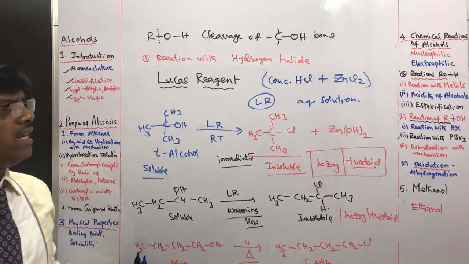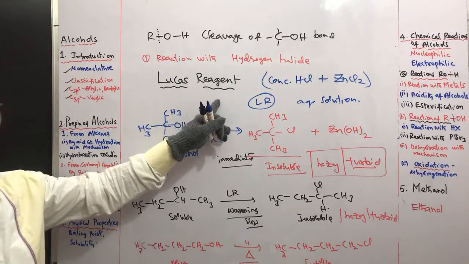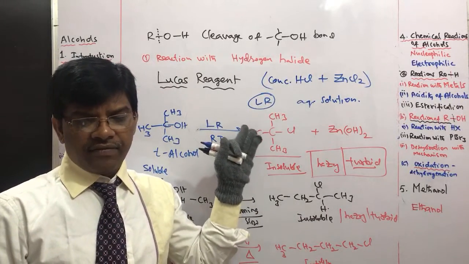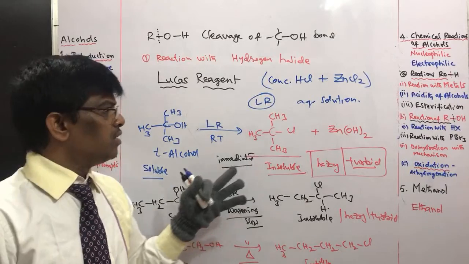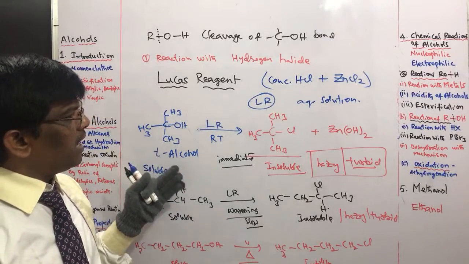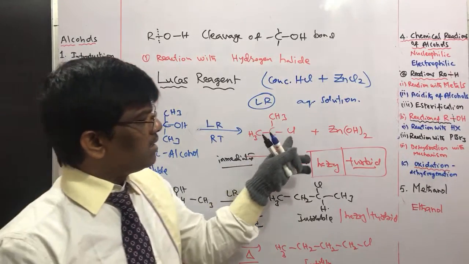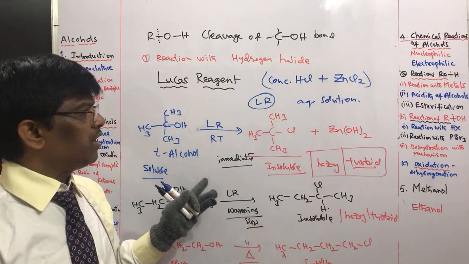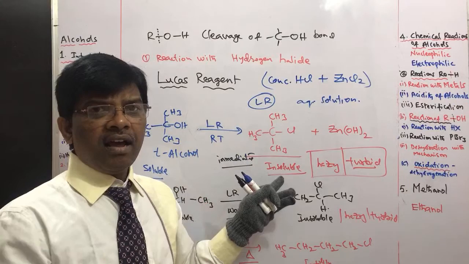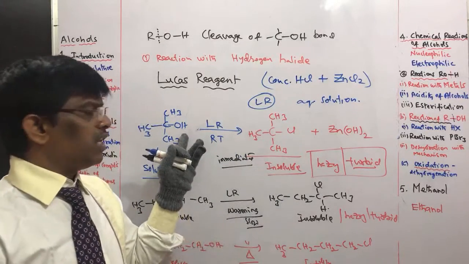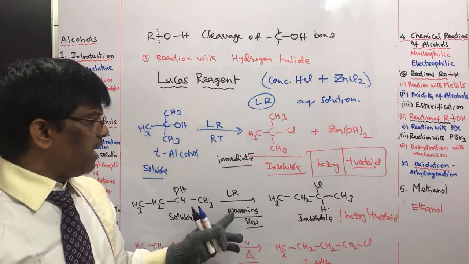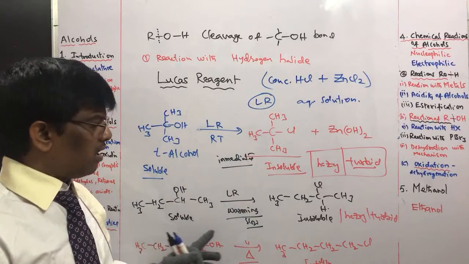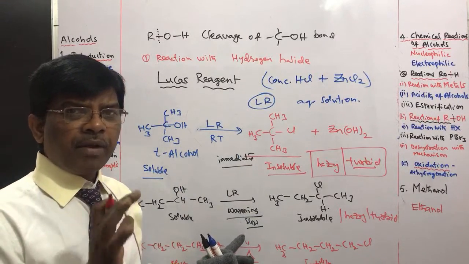So the Lucas test of alcohols is used for distinguishing primary, secondary and tertiary alcohols. It is a very important concept, students. This concept utilizes the solubility of these alkyl halides, where tertiary alkyl halides are formed very easily from tertiary alcohols, whereas secondary halides are formed from secondary alcohols at a little temperature.